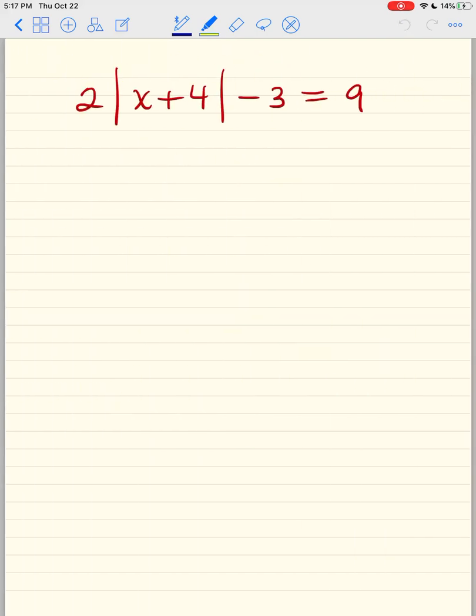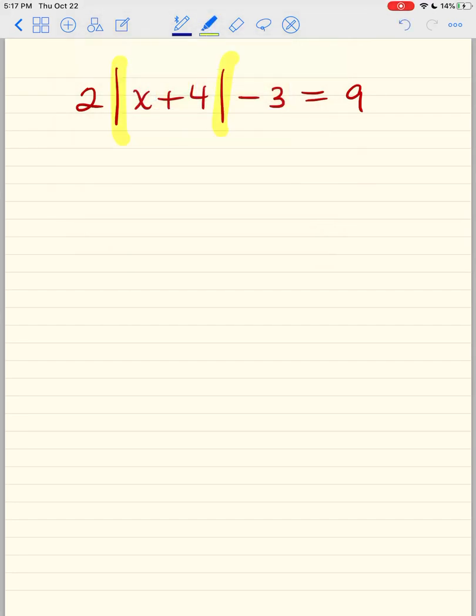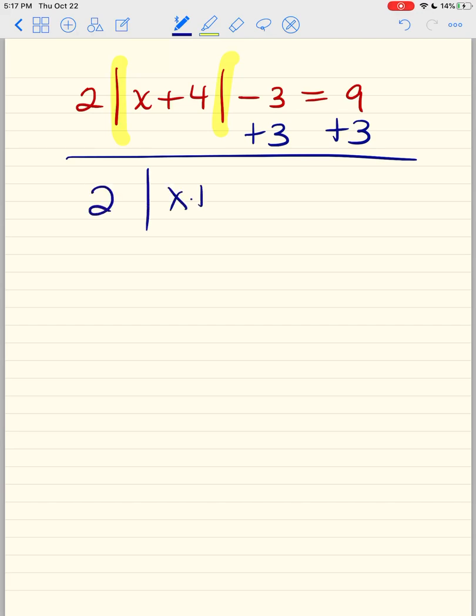You can never ever do this problem until everything is moved away from the absolute value, okay? So what I want everyone to do is just think of this as guards, and you got to move everything away from them. So plus 3, just like a regular equation. That gives you 12. Divide by 2.